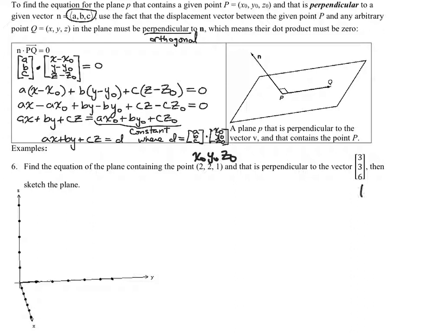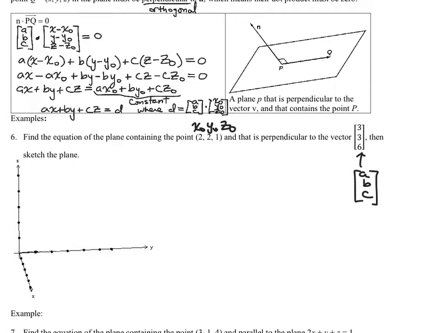And the vector 3, 3, 6. All right, so first I'm going to take the dot, because that's the harder part. And by hard, I mean the part where you actually have to do something.